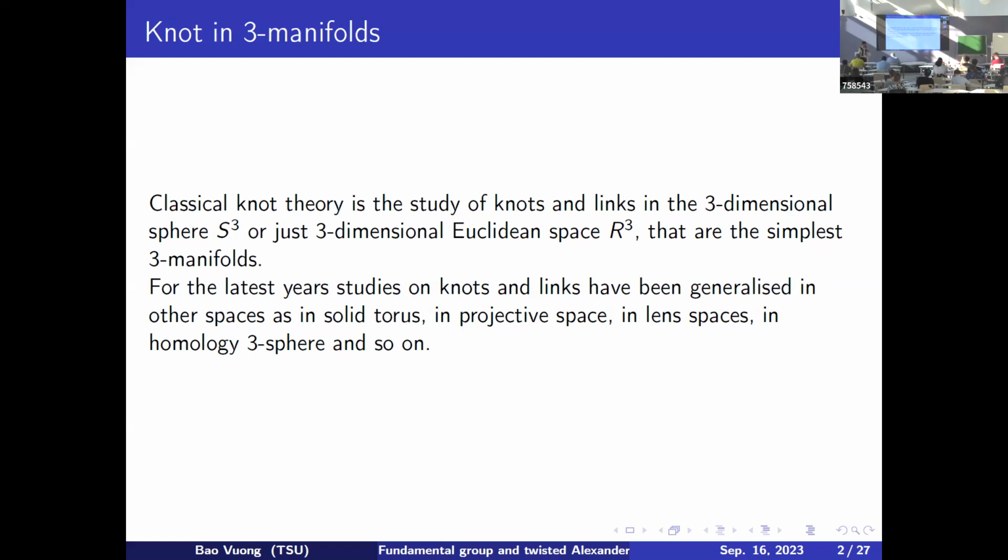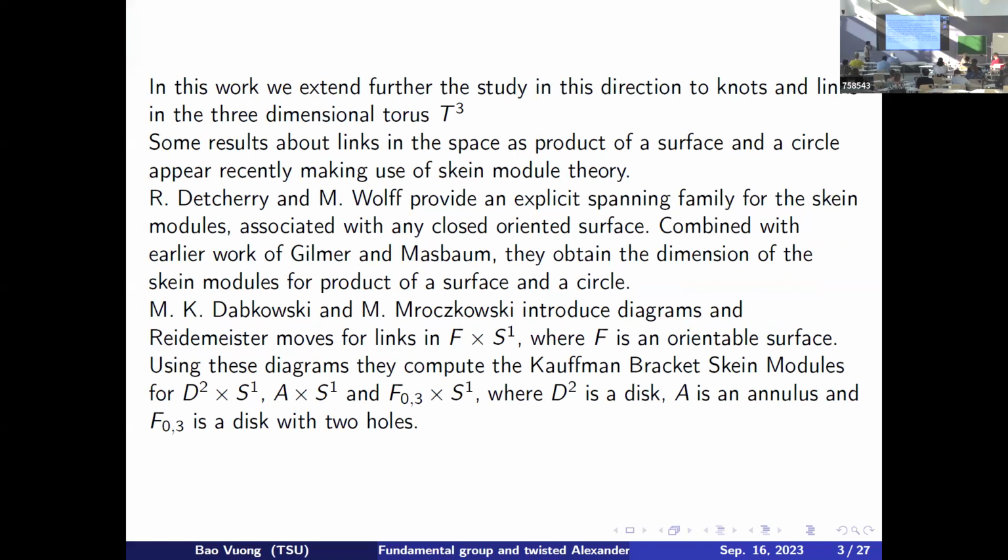I carried on work similar to Cattabriga's in lens spaces to the three-dimensional torus. When I had this done, I found that some work on embeddings of circles in the three-dimensional torus had been done prior to me.